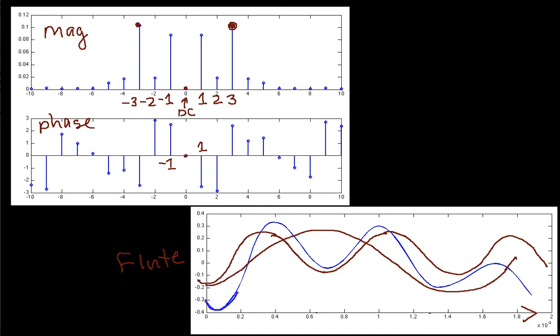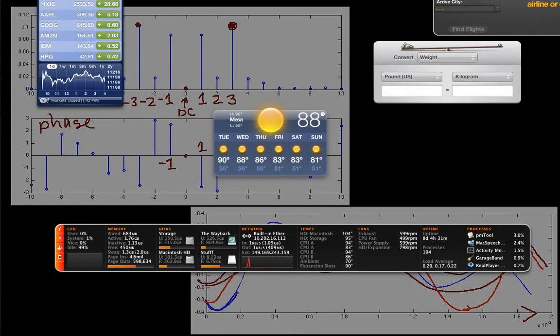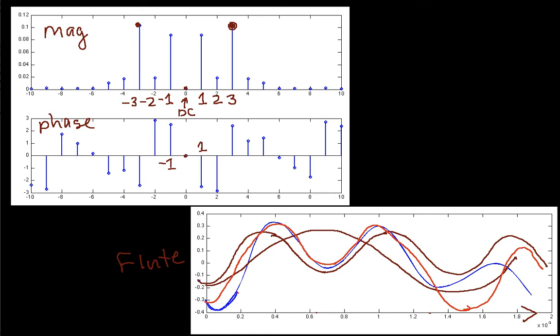This is one of the reasons why we do this on a computer, is that it's a lot easier to do this sort of thing on a computer. So it might end up looking something like this.